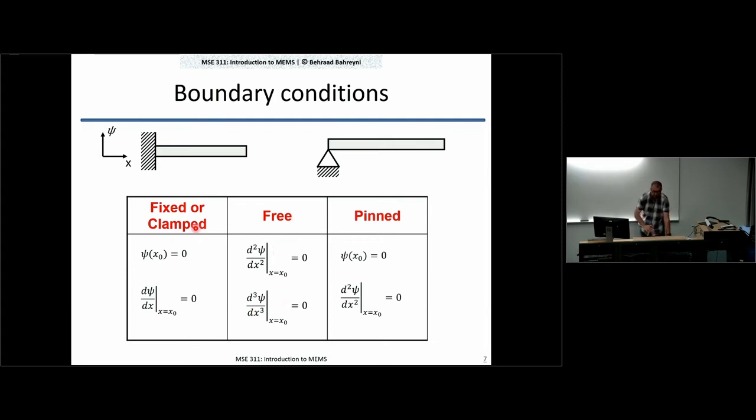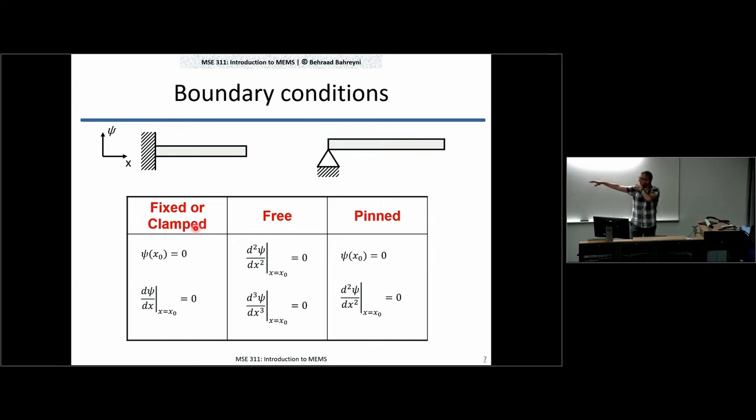You either have a free end, a beam whose end is free, and in this case you don't have control over psi of x, but you can show that the second derivative of psi of x is 0, right? Basically, you don't have any moment at the very tip of this beam, and the third derivative is also 0. So that's a boundary condition you can apply to this end.